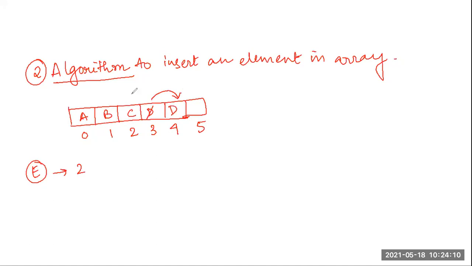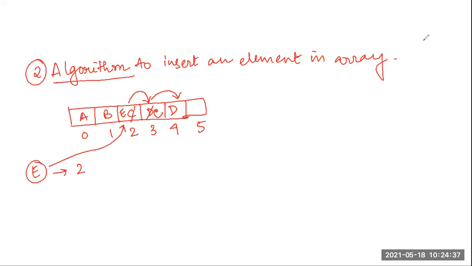Then I need to shift this element to this location. Then this location will be vacant. Now C is here. Then I can insert my E in this location. That is, here is my E now. So this is the concept.